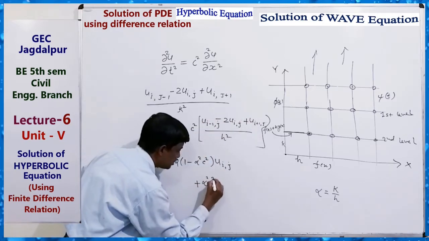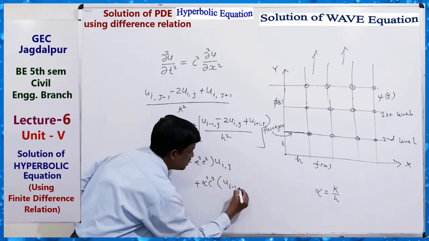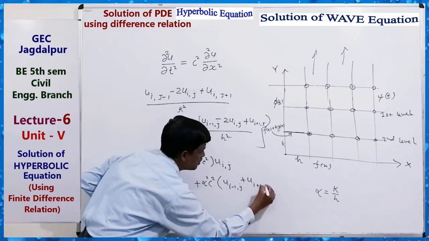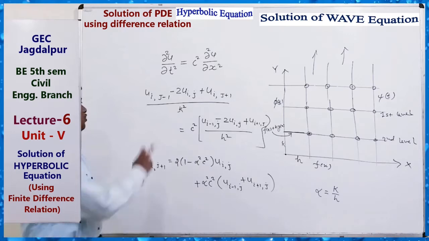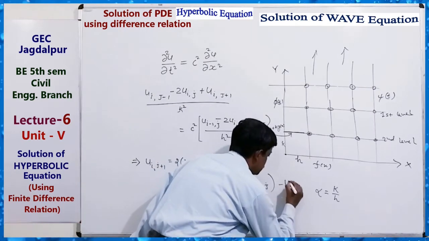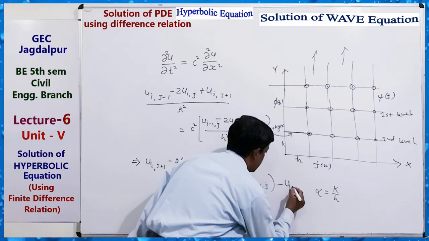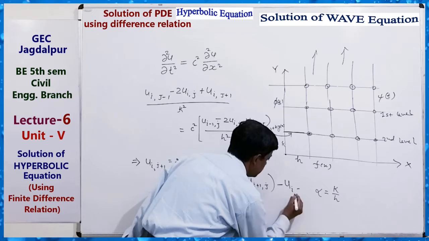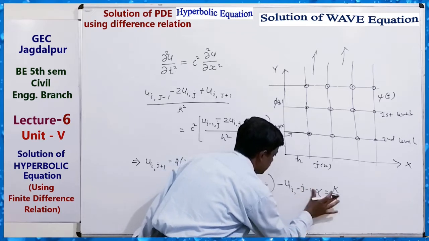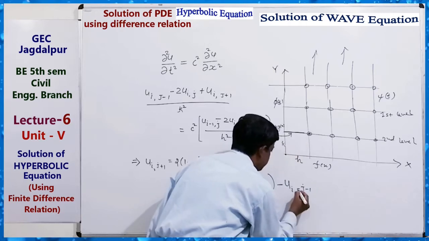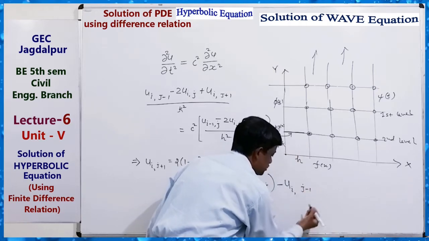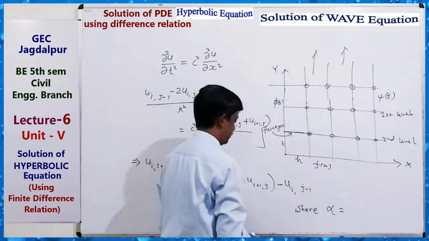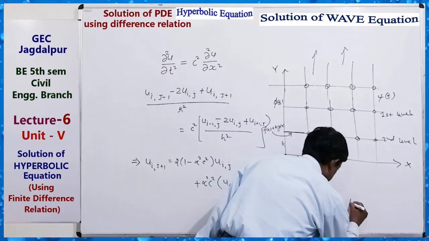So alpha square c square times u(i minus 1, j) plus u(i plus 1, j), and minus u(i, j minus 1), where alpha equals to k by h.